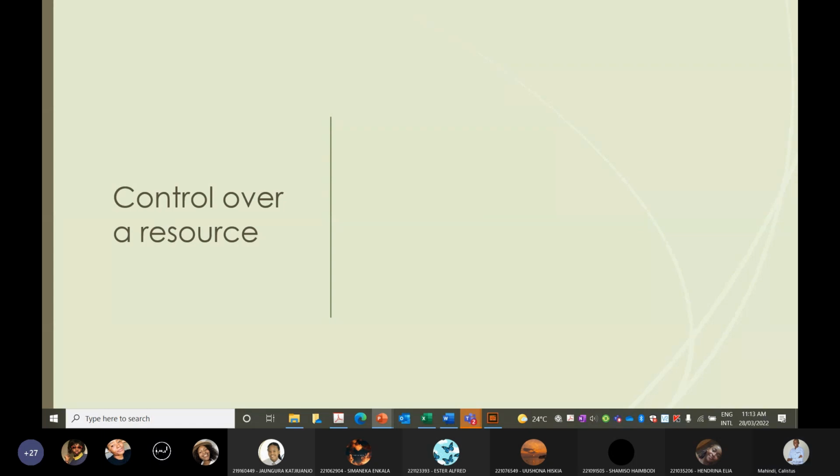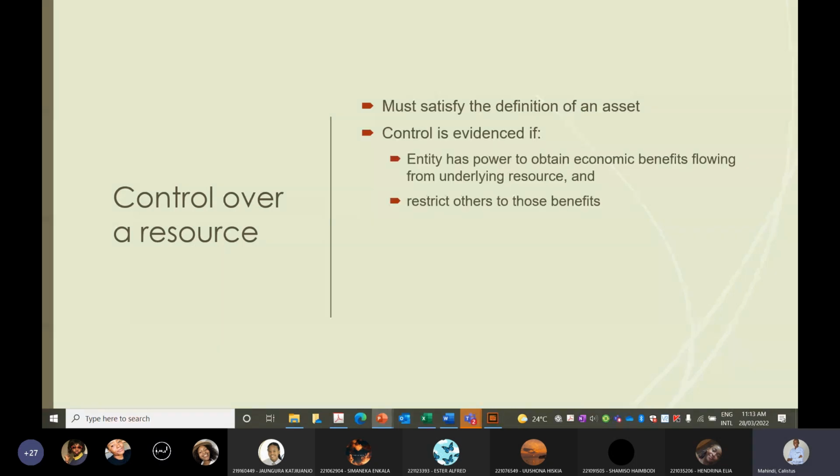All right. So we've dealt with identifiability aspects. Now let's look at control of an asset, control of an intangible asset. So before we identify an intangible asset, it must meet the definition of an asset.